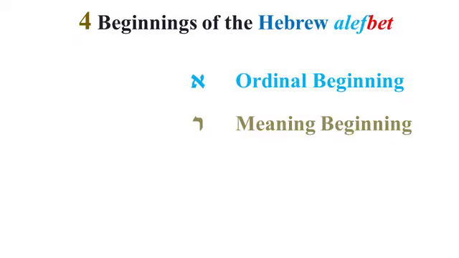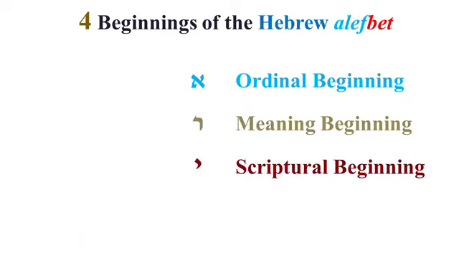If you go by the meaning of words, remember the first word of the Torah, the first full word is reshit. It does have a prefix in front of it, the bet, but the meaning word is reshit, beginning. So it begins with a resh. The scriptural beginning of the Torah is a yod. Well, why is that?